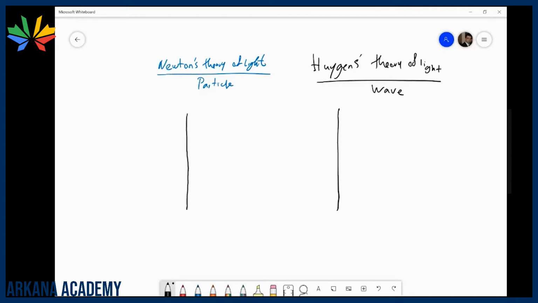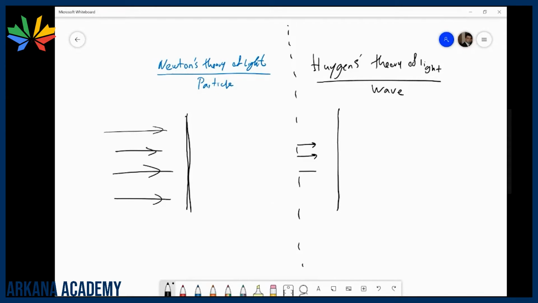So in the experiment, we have a source of light coming from left to right and hitting the screen. These are two different rooms, and we have another source of light hitting another screen here. So we have two experiments. Now we have an opening, or slit, in the middle of our wall or screen, which allows the light to pass through.